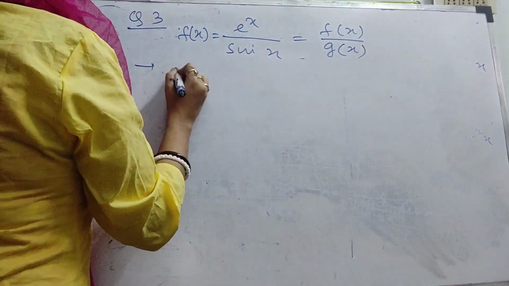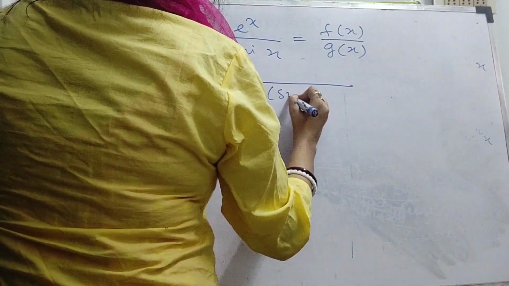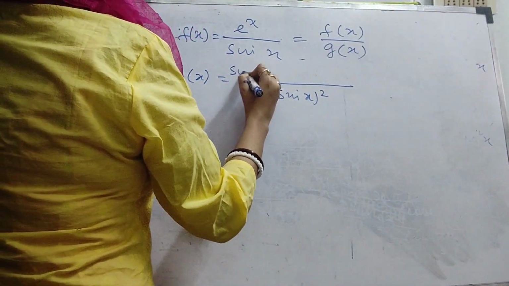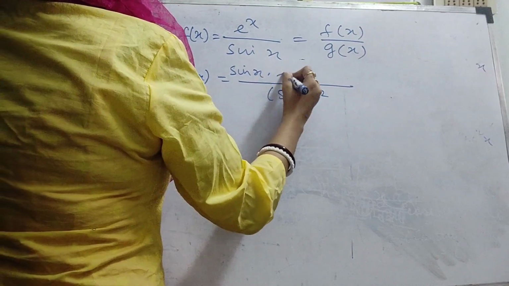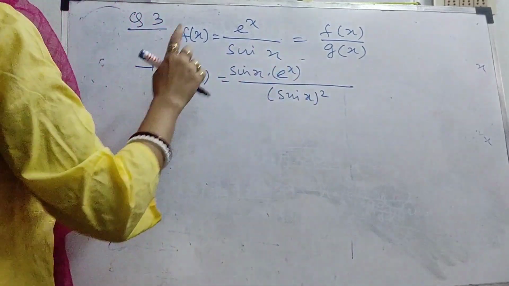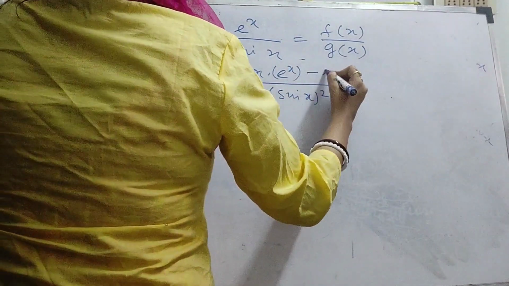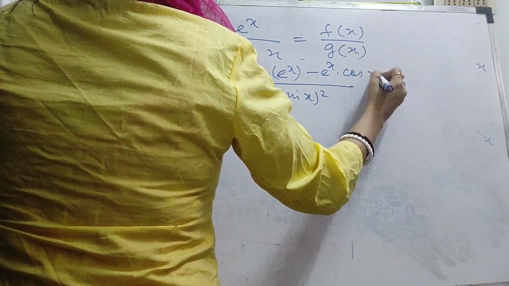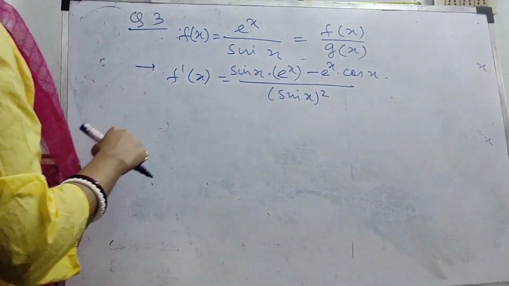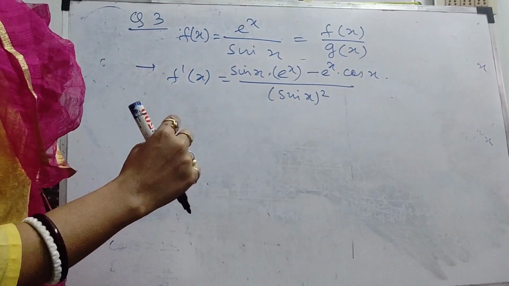What will happen? f dash x equal to g(x) square, that is sin x whole square, in the denominator. In the numerator, g(x) into e to the power x derivative, e to the power x becomes e to the power x after derivative, minus e to the power x into cos x. Cos x is the derivative of sin x, and e to the power x is the derivative of e to the power x.